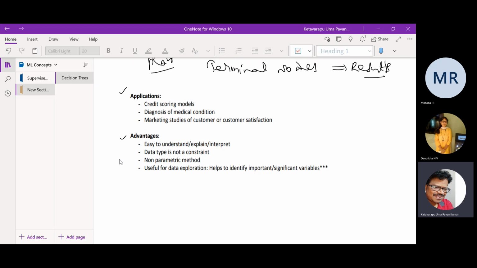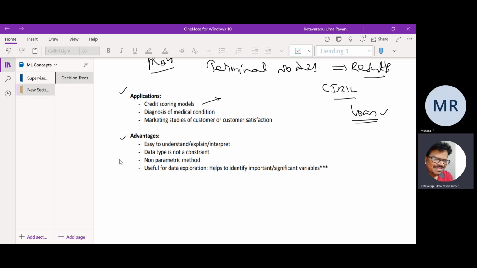Now, in that particular case, the most commonly used applications are credit scoring models, like, friends, CIBIL kind of aspects. And moreover, whether we need to sanction the loan to the customer or not. So maybe that is also one of the important applications.